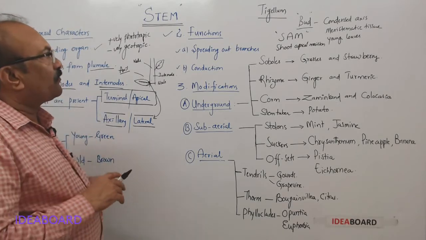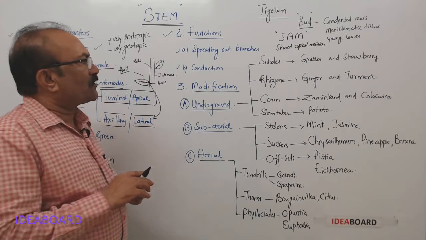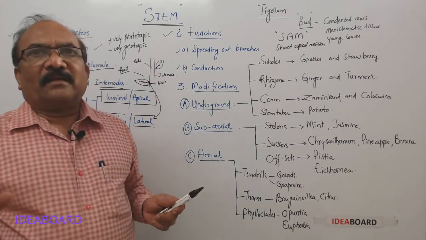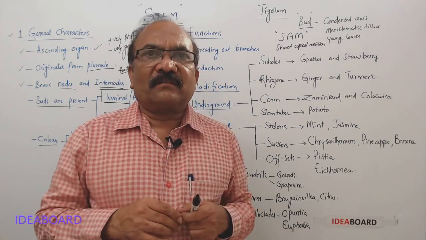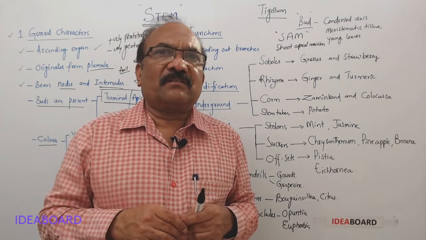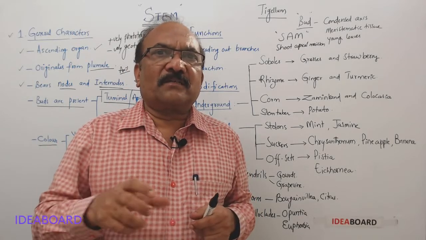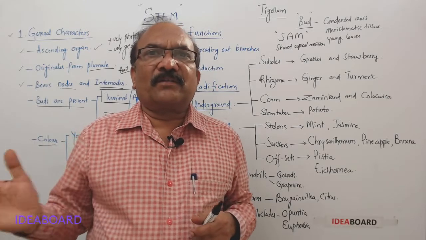Then we will discuss the modifications. First of all, let us see what a modification is. A permanent change, I hope you understand, it is a permanent change, not a temporary change.